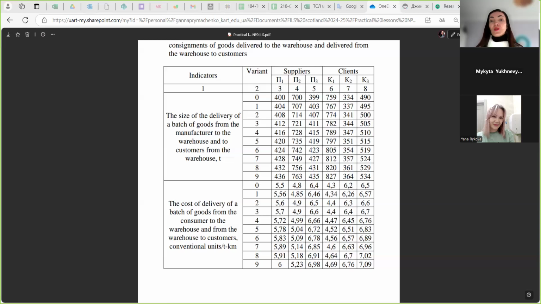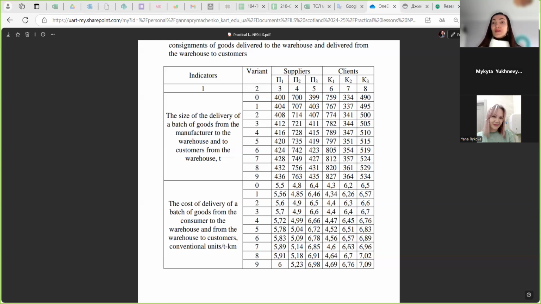For example, for variant 0, it is 6.2 conventional units per 1 ton-kilometer. For the first variant, it is 6.26. For the second variant, 6.3, and so on. Please find the information for your variant.